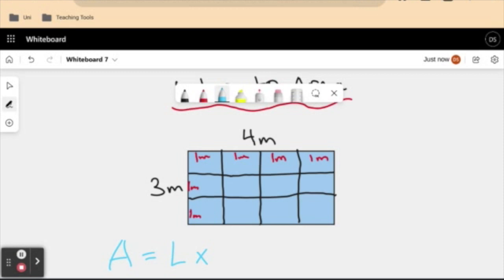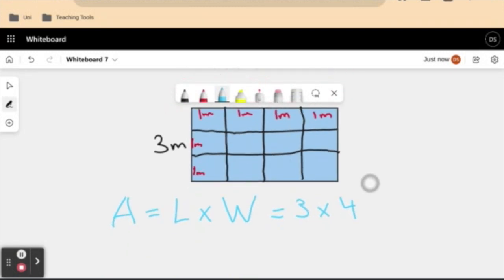So our length of 3 multiplied by our width of 4. And in this case, we had 3 multiplied by 4, and we got 12 here.